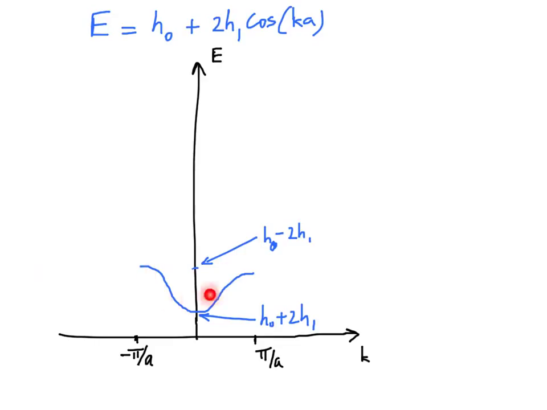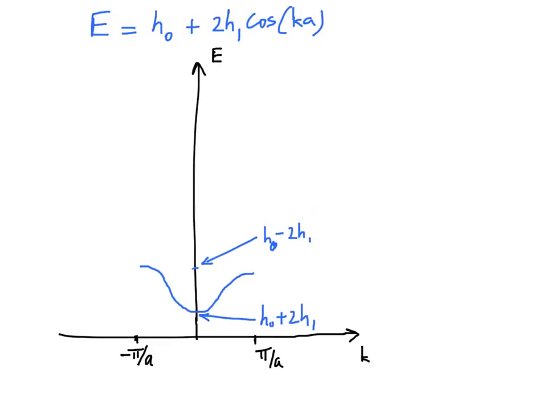This is our 1s band. And of course, you can verify that the minimum over here, that energy is equal to H naught plus 2H1, and the maximum there is H naught minus 2H1.